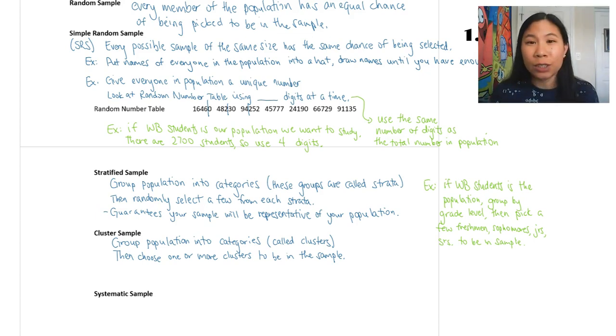So cluster is more for convenience, because a lot of times clusters are based on location. Like if we said first period classes, then if I were to give a survey, it'd be a lot easier to just go into a few classrooms to give the survey. Broward does this a lot with their surveys, like Broward County in general.